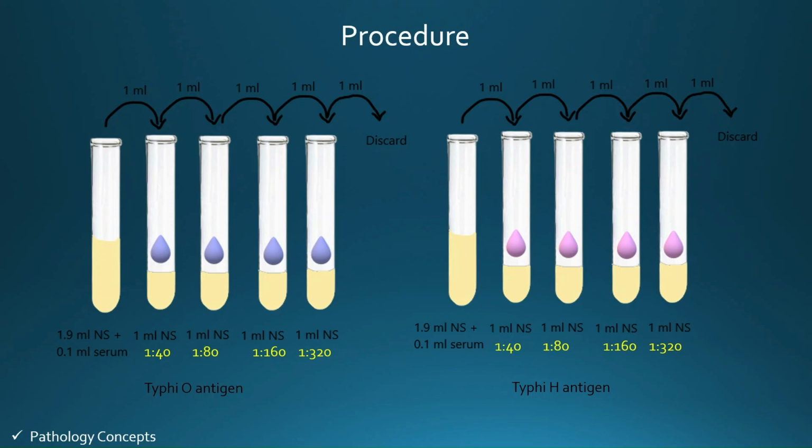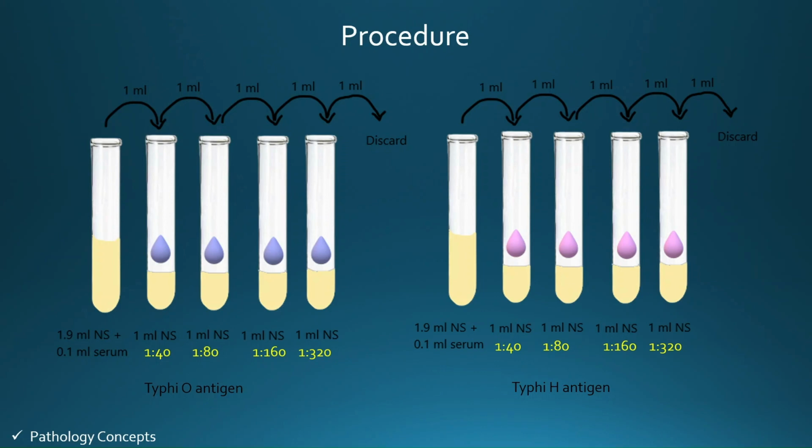And in the rest of the 4 tubes, add 1 ml of the normal saline and transfer 1 ml from the first tube into the second tube, and again transfer from the second tube into the third tube, and so on. So this will give the dilution like 1:40, 1:80, 1:160 and 1:320.